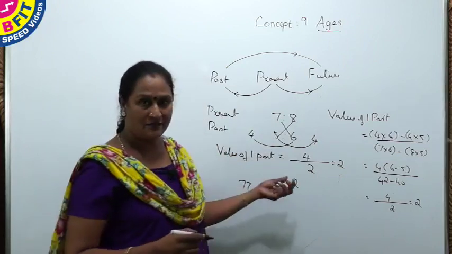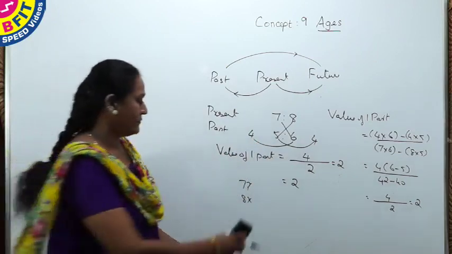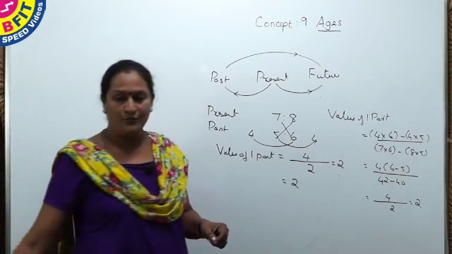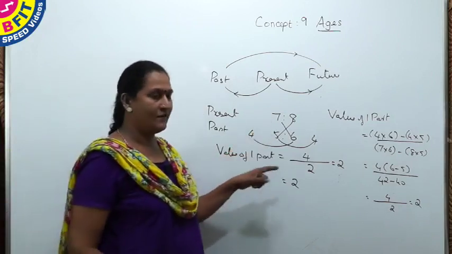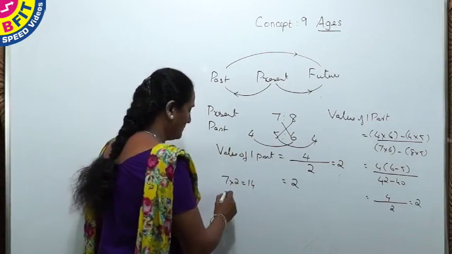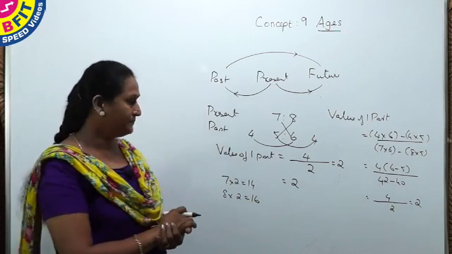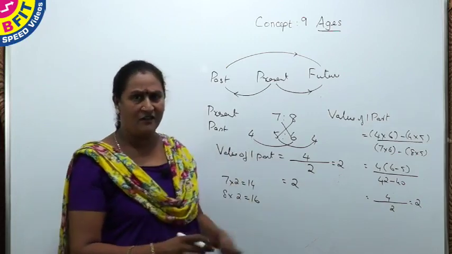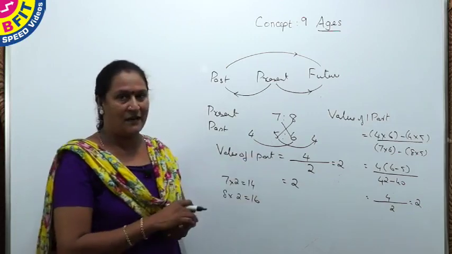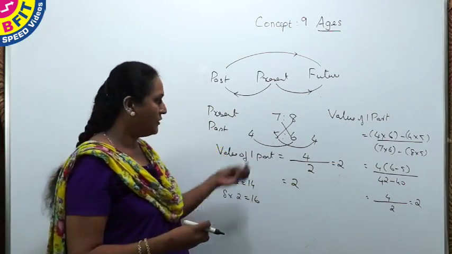So multiply this value of one part only with the first row. So here the value of one part is 2, and A's age will be 7 into 2, 14, and 8 into 2, 16. So by avoiding all the working, using the smiley pattern, you can get the value of one part within seconds.